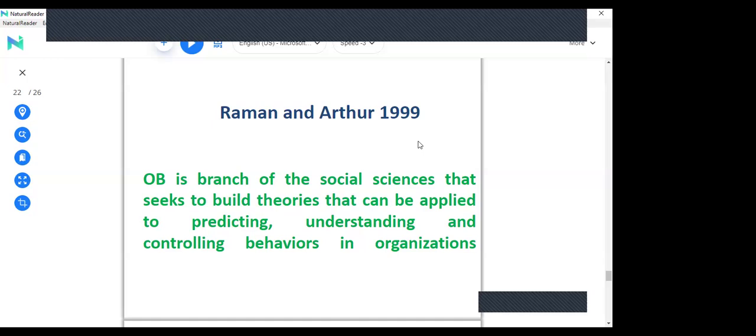Earlier, Robbins directly defined it as investigating group, individual or organization concepts. Then in 1999, organization behavior is a branch of the social science.